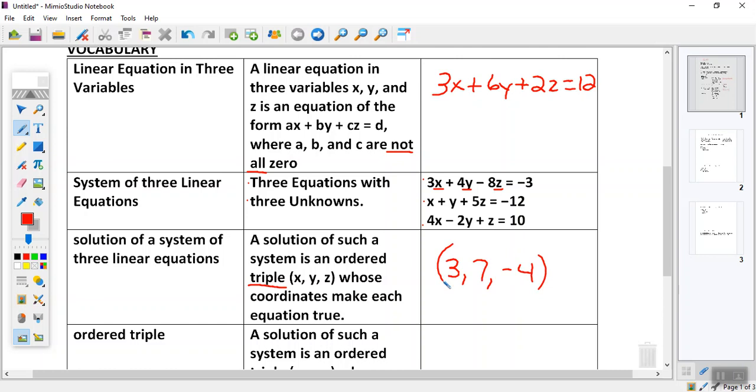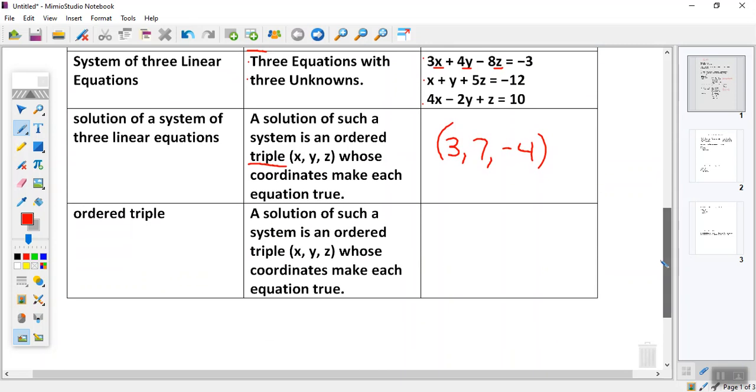And y would be 7, and negative 4 would be the z value. So we just say a solution of a linear system is written as an ordered triple. That's the coordinate that makes how many of the equations true? All 3 at the same time. So that ordered triple is that point x comma y comma z whose coordinates make each equation true.